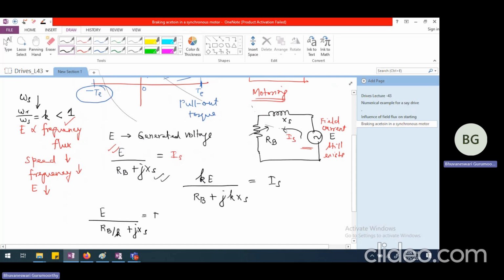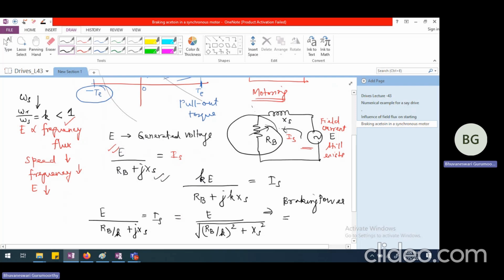This is what is IS. So I can write this as E divided by the square root of RB squared plus kXS squared. This is going to be IS. Now, what is dissipated in the braking resistance? I can write this as braking power.